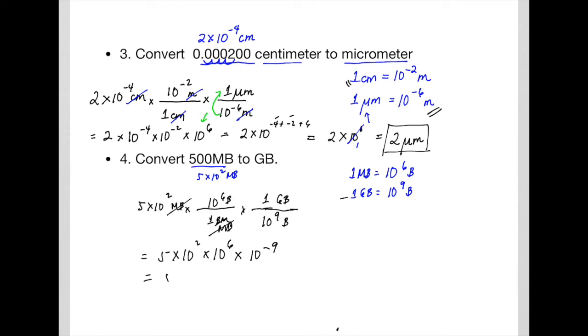So our final answer, we have 5 times 10, 2 plus 6 is 8, plus negative 9, and that is 5 times 10 raised to negative 1 gigabytes. Okay, so what will be our final answer? Our final answer is 5 times 10 raised to negative 1 gigabytes.